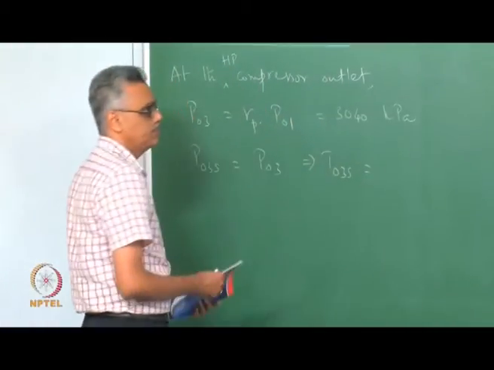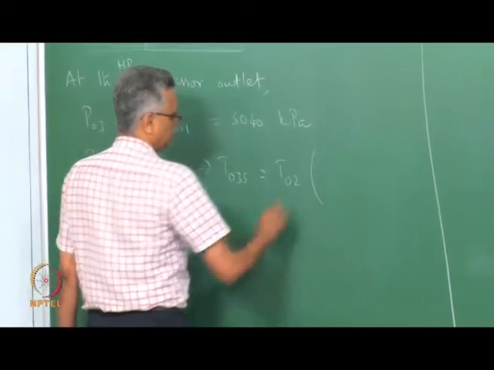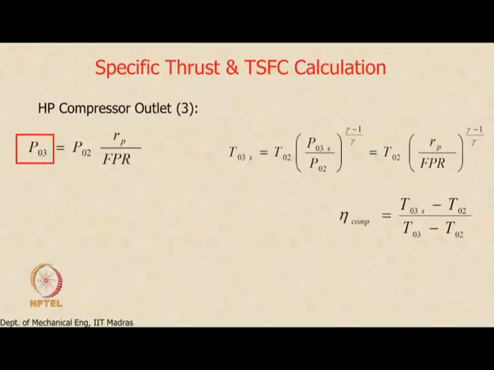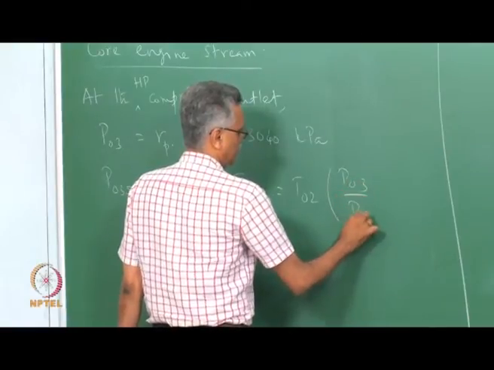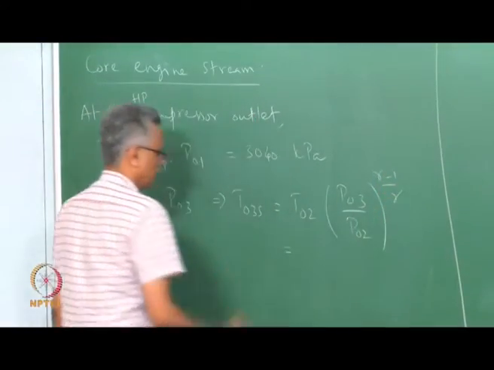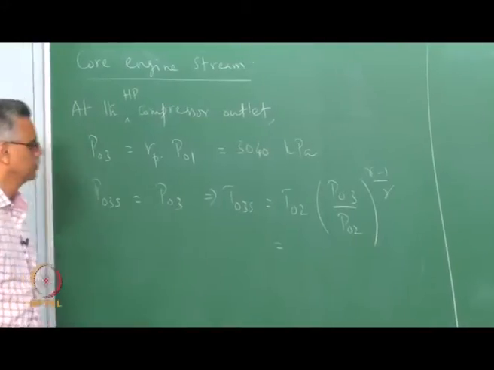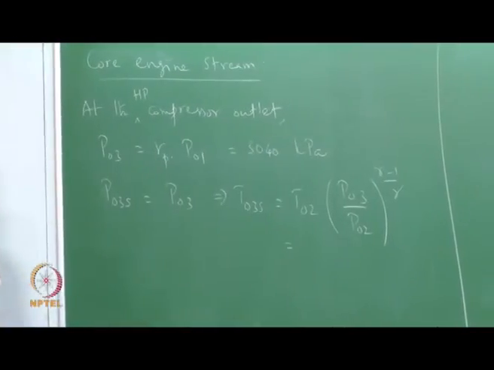As shown here, T03S is going to be T02 times P03S divided by P02 to the power gamma minus 1 over gamma. So, if you substitute the numbers, what do you get for T03S?